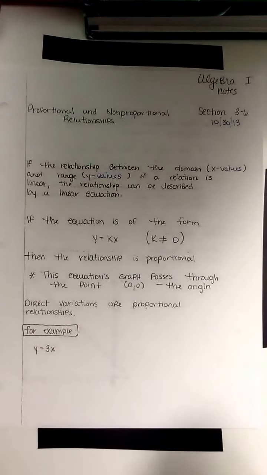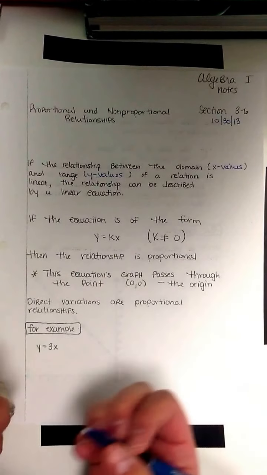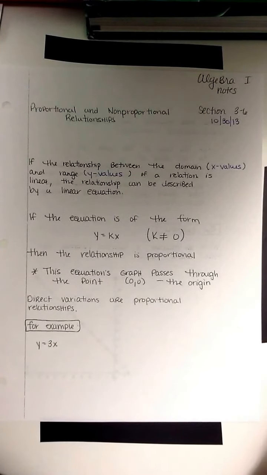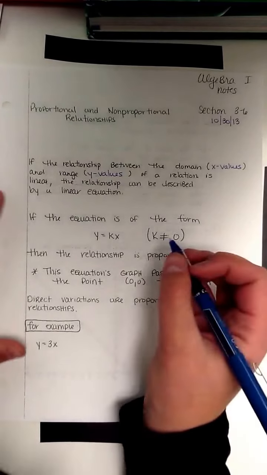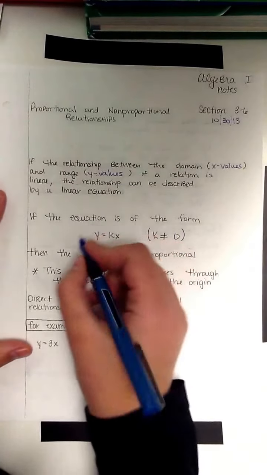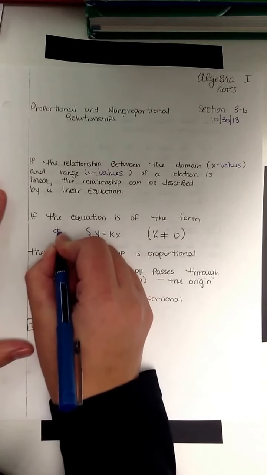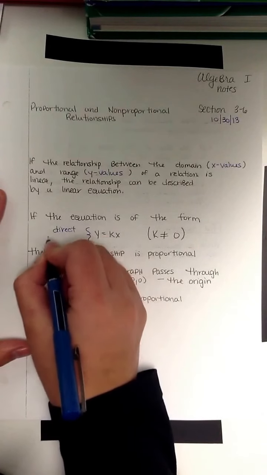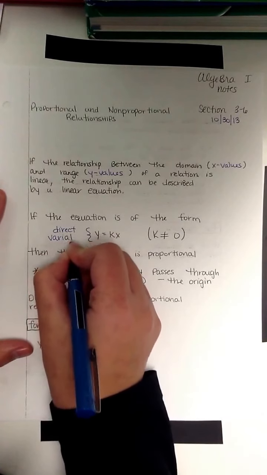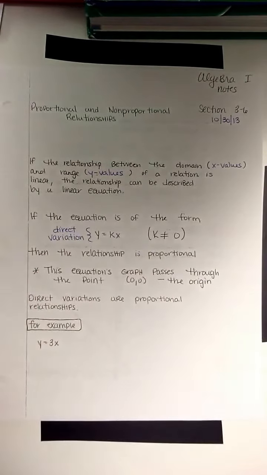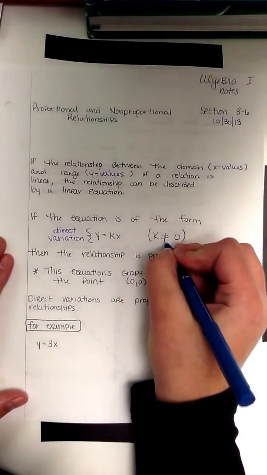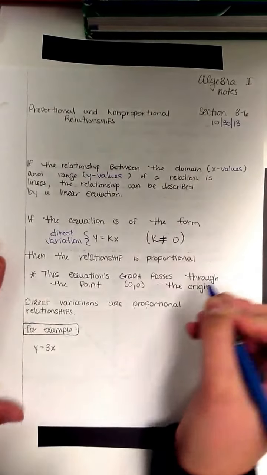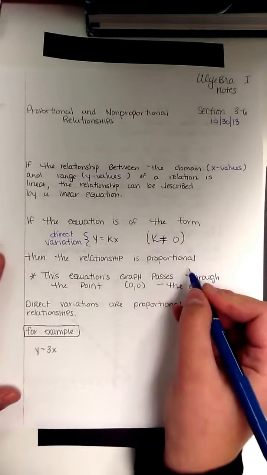Basically, that means if it makes a line, you can rewrite it as a linear equation. If the equation is of the form y equals kx, we call this direct variation. This is from section 3.4. When k does not equal 0, then the relationship is proportional.